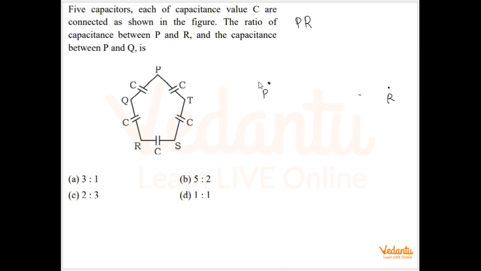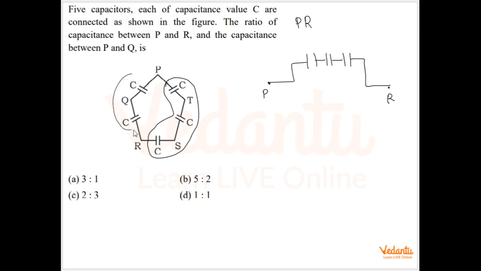Now if you see beta, between P and R, these three capacitors are connected in series. So I will draw three capacitors in series. And then these two capacitors are also in series. So I will draw these two capacitors in series.